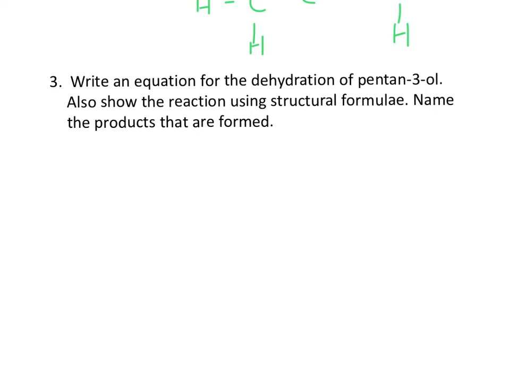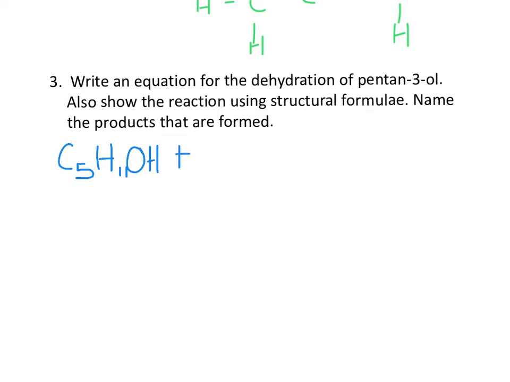Write an equation for the dehydration of pentan-3-ol. Show the reaction using structural formulae. Name the products that are formed. All right, so first thing it says, write the reaction for the dehydration of pentan-3-ol. Pentan being 5. It's pentan-3-ol, so it's C5H11OH.